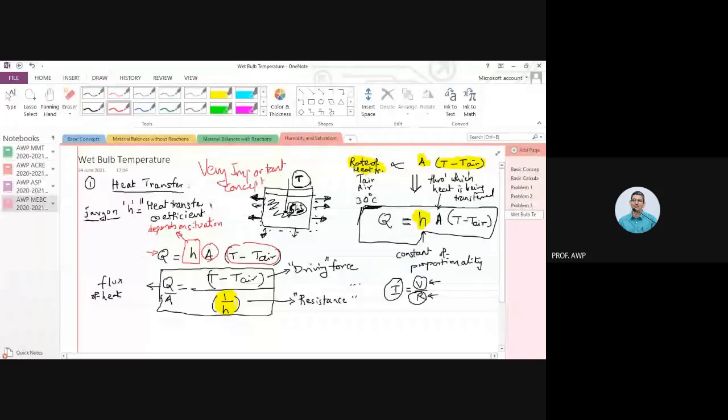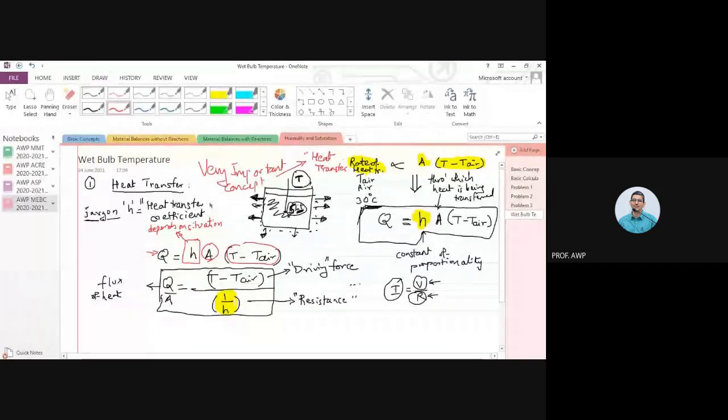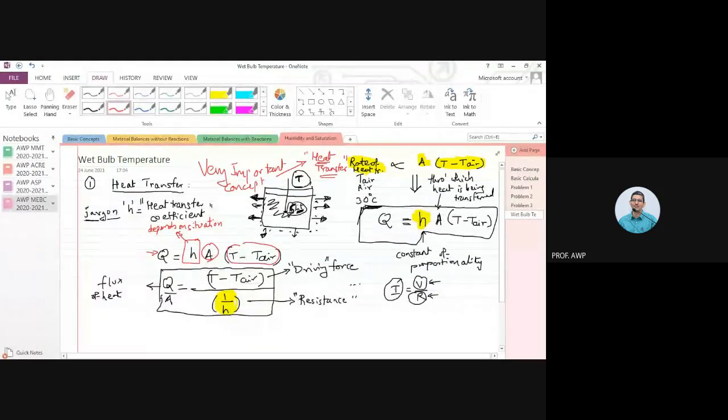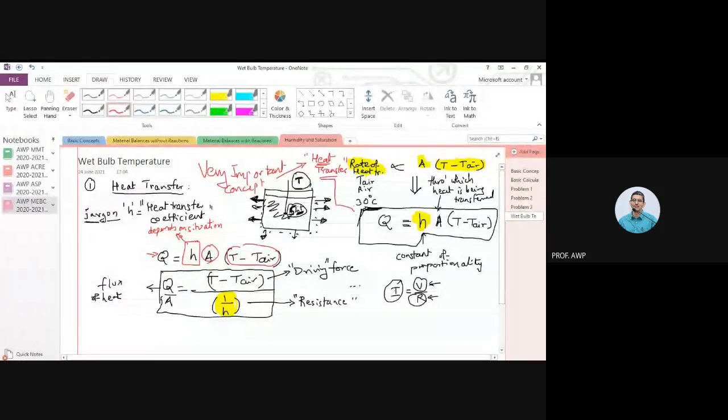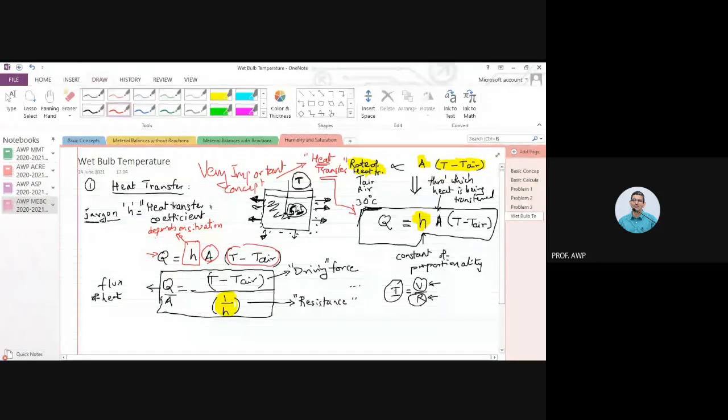Whole of semester 5, there is a whole course on heat transfer. This whole course is based on this equation: Q is equal to HA into temperature difference. The whole course is based on this one equation. We are going to look at many situations and how to calculate this H for different situations.